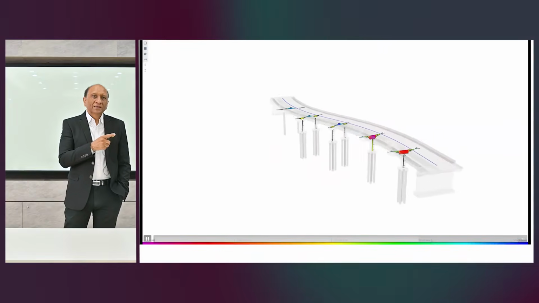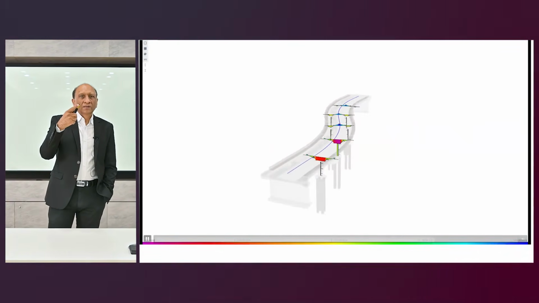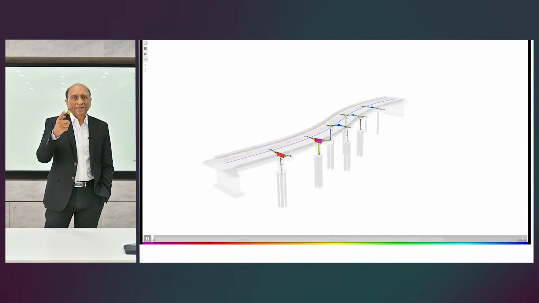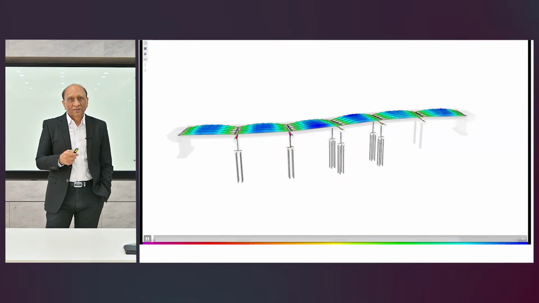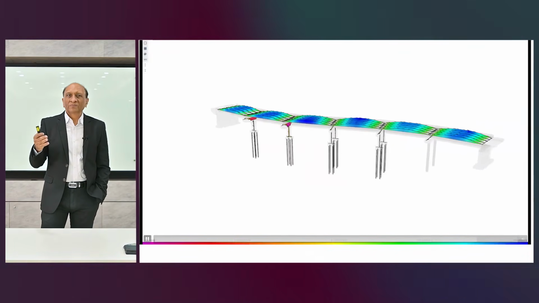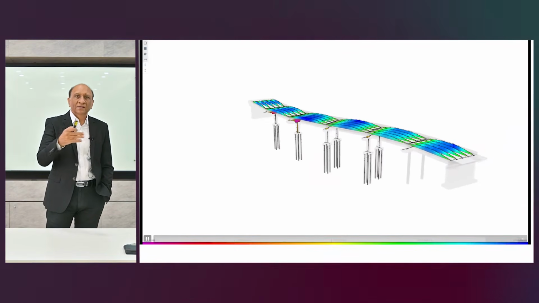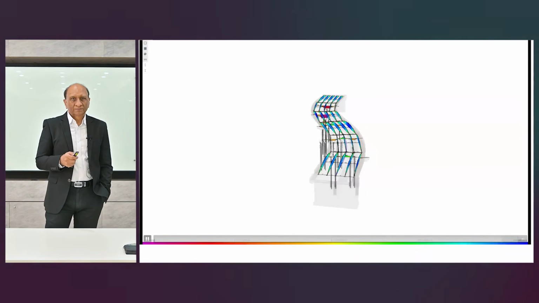So that's how the parametric model can help us to do analysis and design of all kinds of bridge structures using one consistent approach, without much simplification, and maintaining the physical meaning of the model. Thank you.